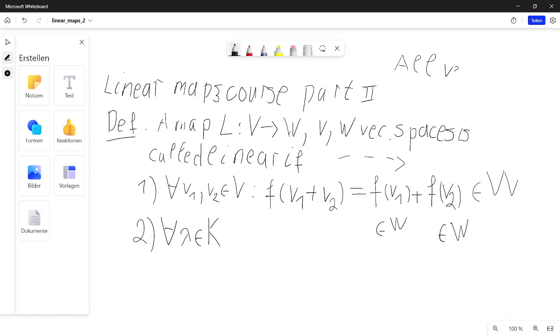All vector spaces are K vector spaces, with the same field K.